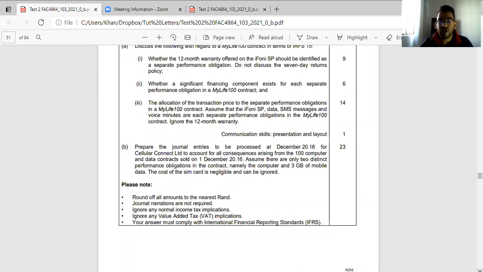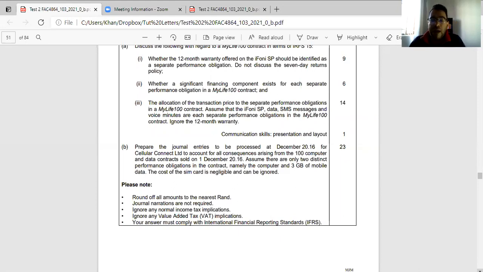Remember the 349 is going to be received on 31 December 2016 because the cash is paid monthly in arrears. At the beginning of the contract on 1 December 2016, the computers were transferred, and the SIM card and data were activated.